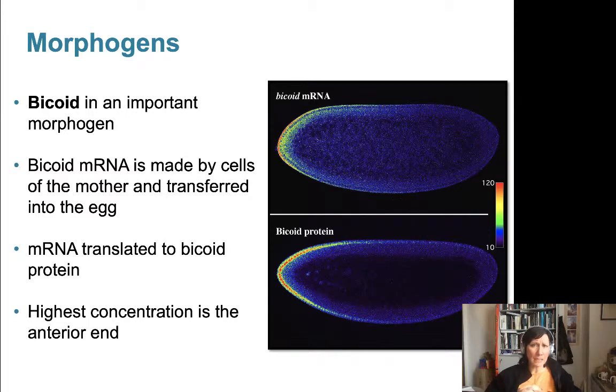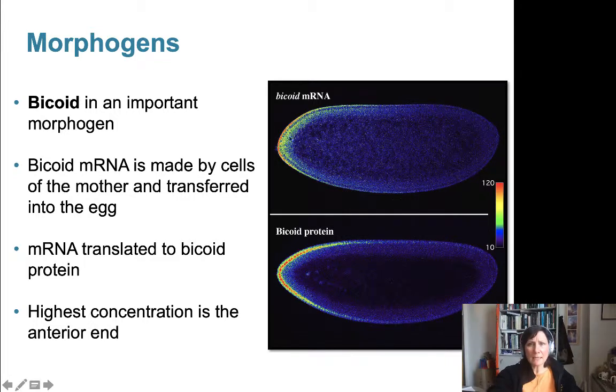So one of the most famous examples of really important morphogens early in development is bicoid. Bicoid is an mRNA that is made by cells from the mother, and then transferred into the egg. Ultimately, this will cause the production of bicoid protein.